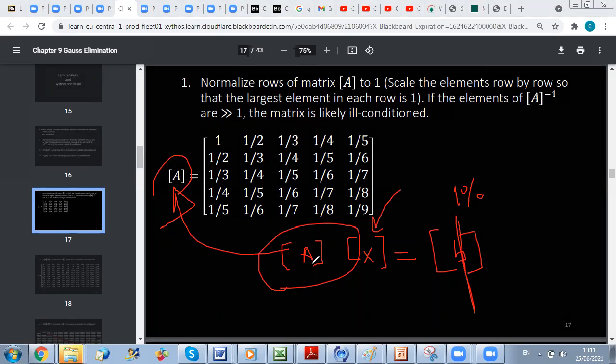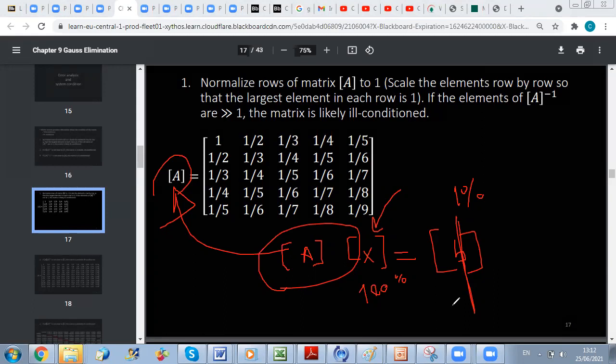If you remember the examples that I gave you, we varied B by 1% and got a variation of X sometimes by 100% and more, which is very bad. Okay, this means that you cannot trust your system even at 1%. If you have 1% uncertainty in B, you will get a very high uncertainty in X, which is not practical.